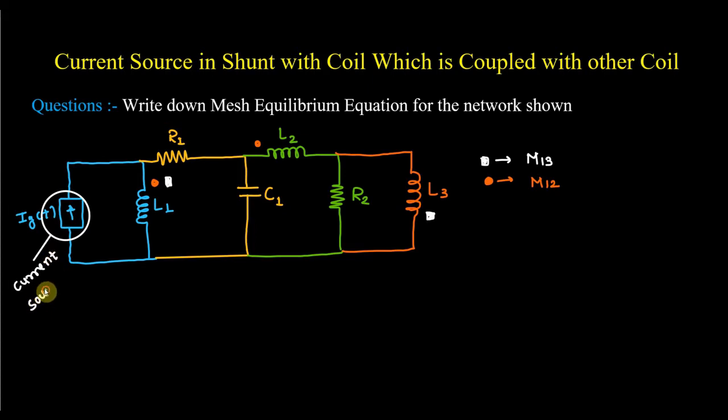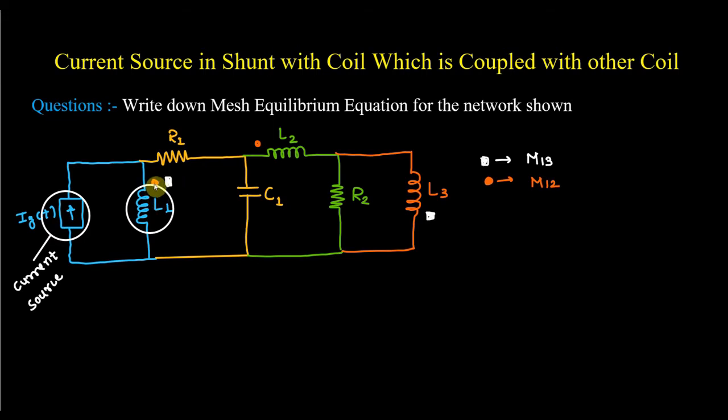In the numericals we have solved up till now, there was only one kind of source, the voltage source. Now here we have a current source. This current source is parallel with this coil, which is named L1. The current source is parallel, or shunt, both are the same thing, with the coil, and this coil has a mutual inductance.